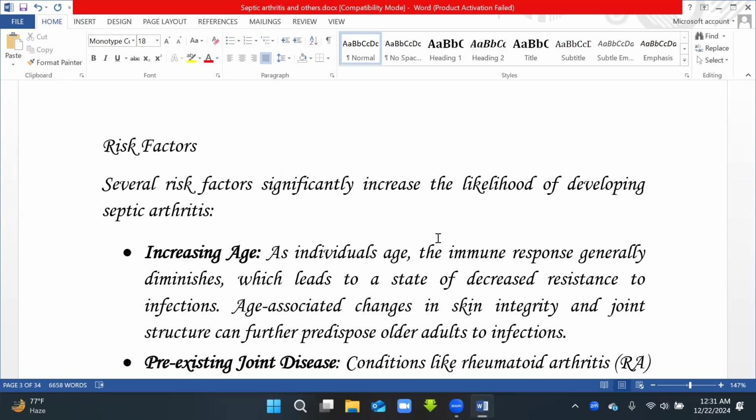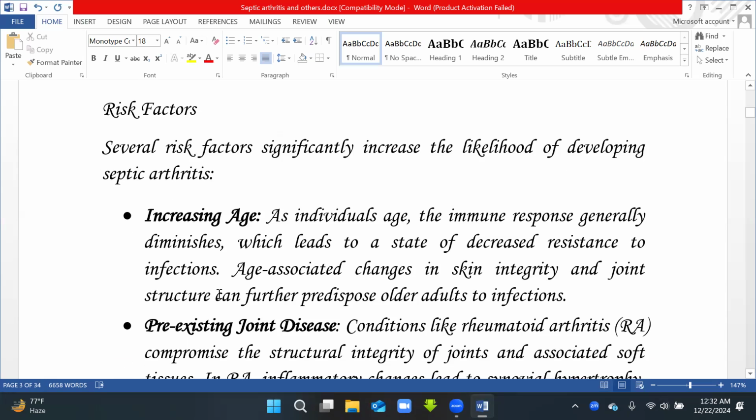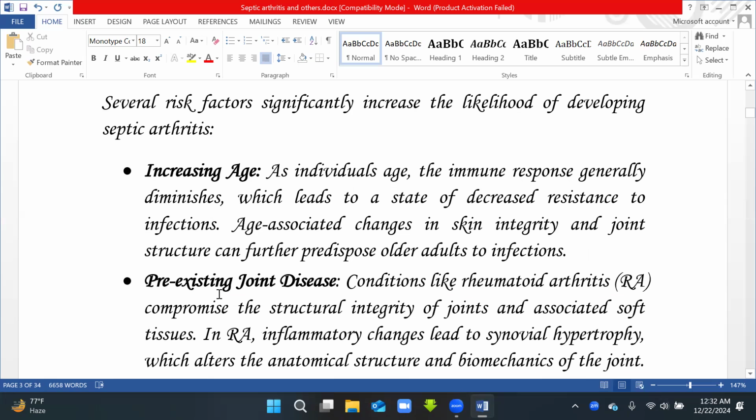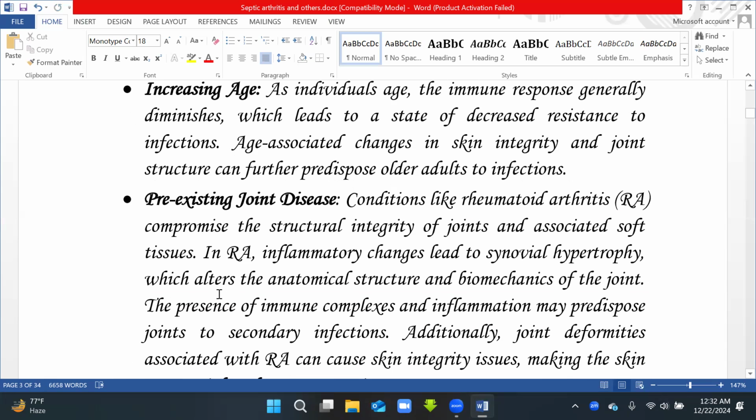And as well, the joint structures are therefore exposed to some of these infections or microorganisms that can easily lead to septic arthritis. Then, people who had pre-existing joint diseases, persons who have suffered from conditions like rheumatoid arthritis already have a compromised structural integrity of the joint.